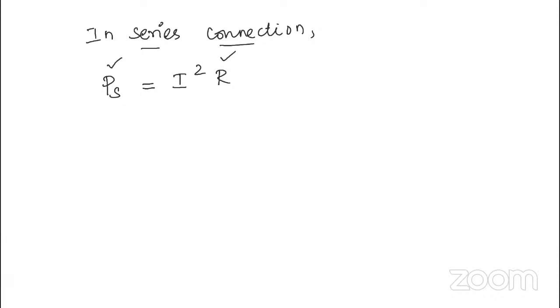Suppose the two power values are given and they ask us to calculate the resistance values, we use the following formula, that is P1 divided by P2 is equal to R1 by R2.